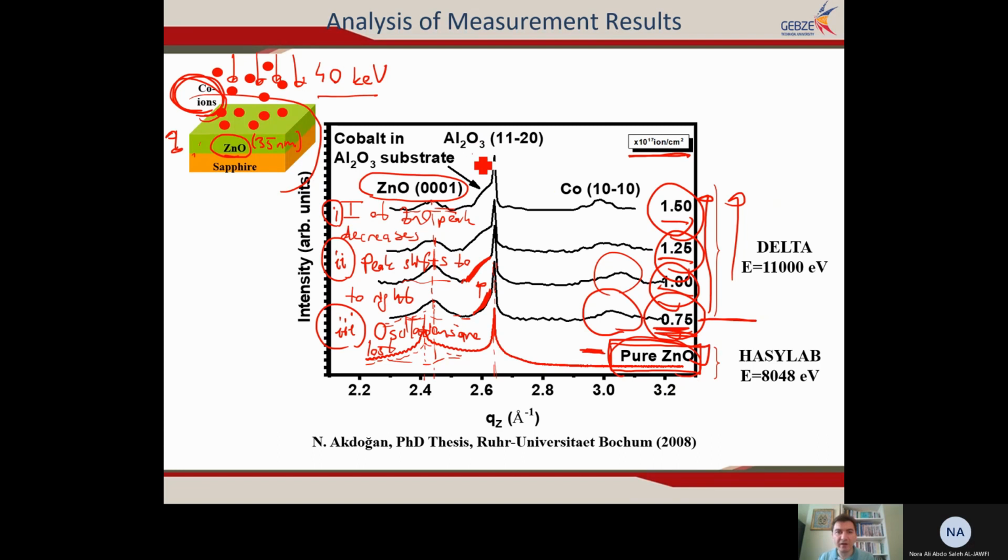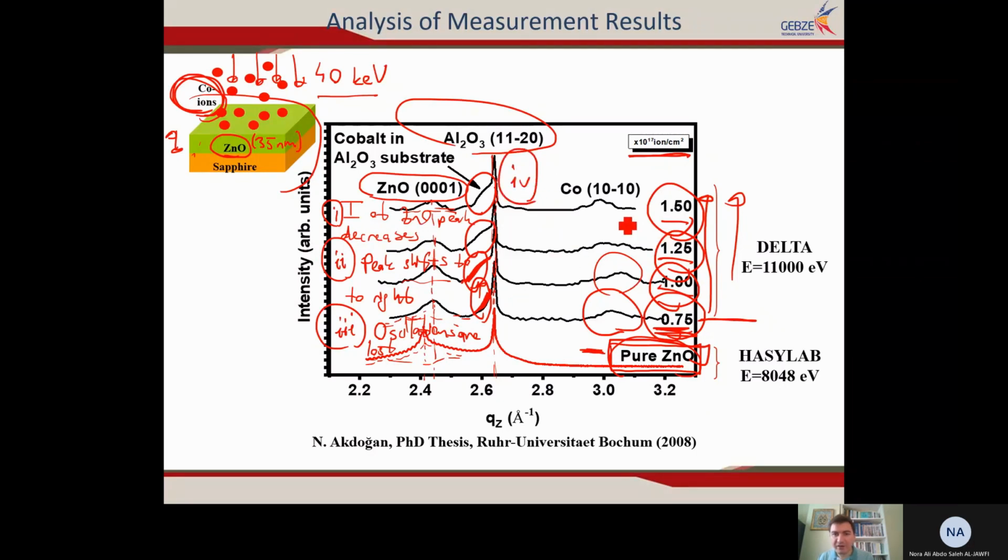So what about the sapphire? We have a peak position which is the same, which is fixed, but we have a shoulder on the left side of the aluminum oxide peak.